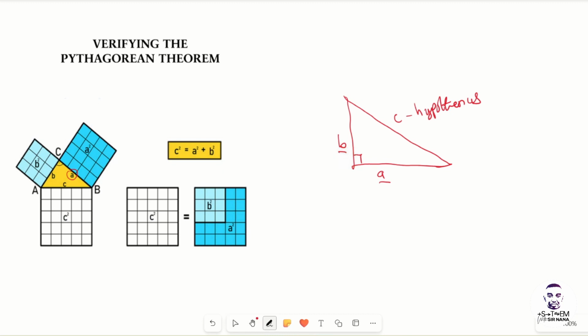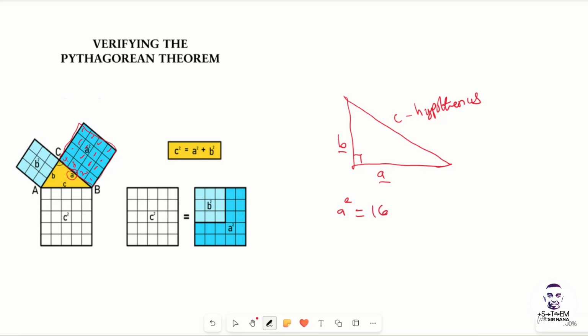Now let's consider the square of A. The square of A deals with the area of the square at the top here. We can count the number of boxes to know that: 1, 2, 3, 4, 5, 6, 7, 8, 9, 10, 11, 12, 13, 14, 15, and 16. So that implies that for our A, it has 16 boxes. So A squared is equal to 16.